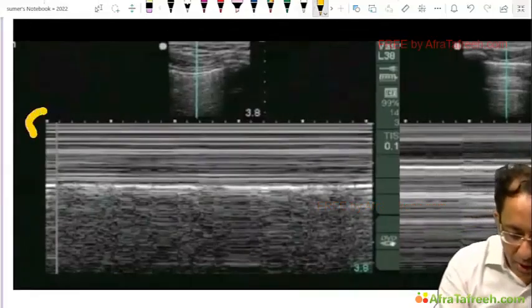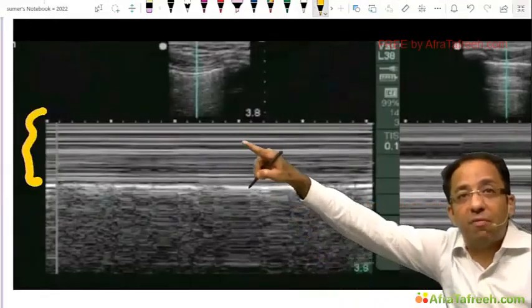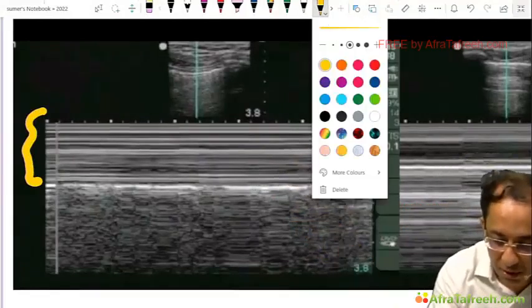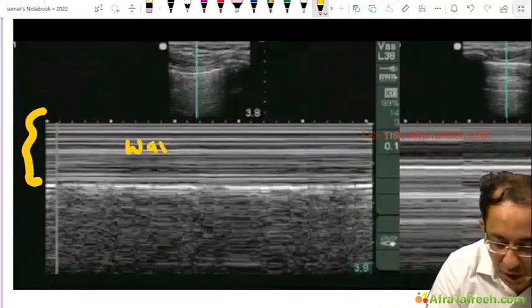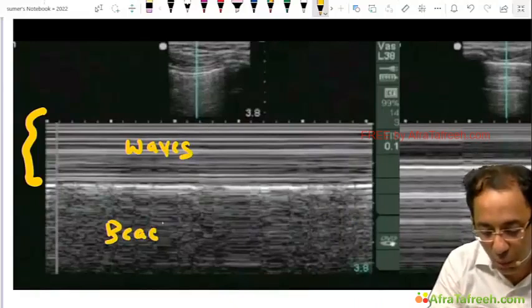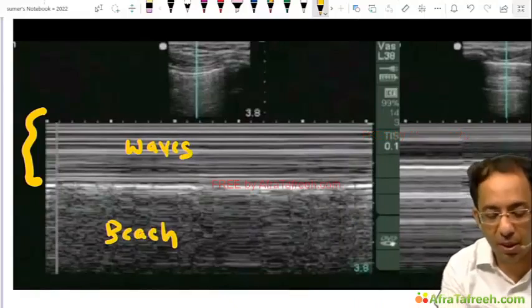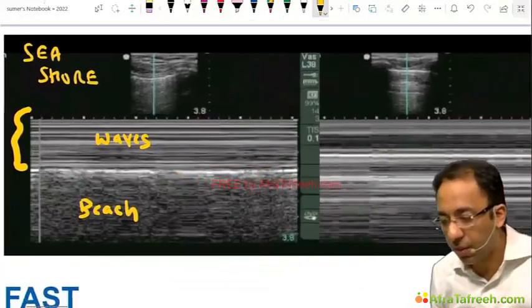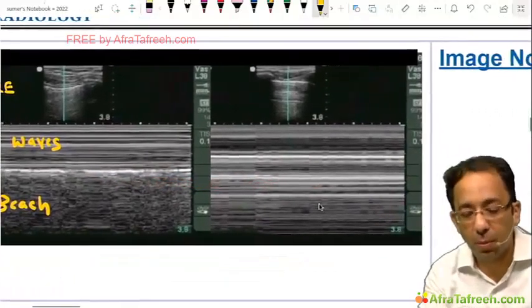Please see here. This is the area where I was telling you the flat lines are there. So these are your waves. You understand? You're sitting on a sea beach, and these are the waves, and this is the beach where there is movement and all the dots are seen. This is the normal seashore appearance on M mode ultrasound. Compare it with the next image, beta.